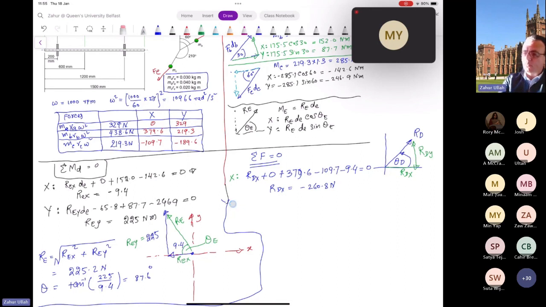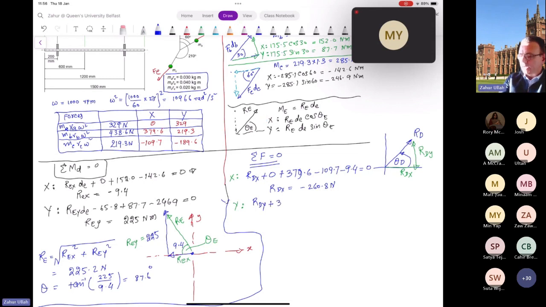Now let's calculate the y component of all these forces. So again, we have now 5 forces. So one is RDY. And now if you look at the table here, the y component of the first force is 329, which is positive.